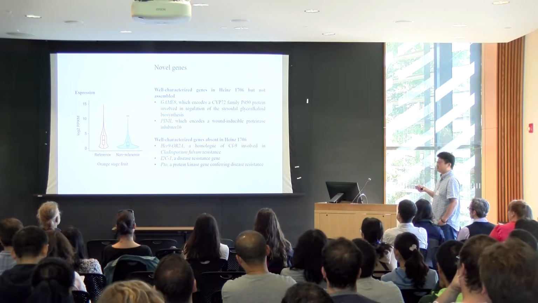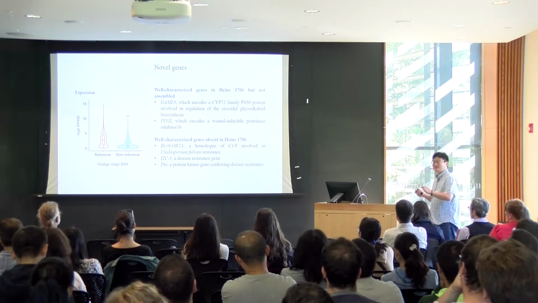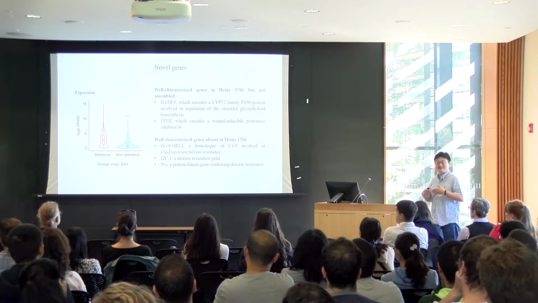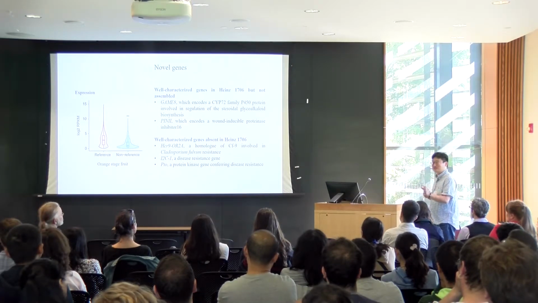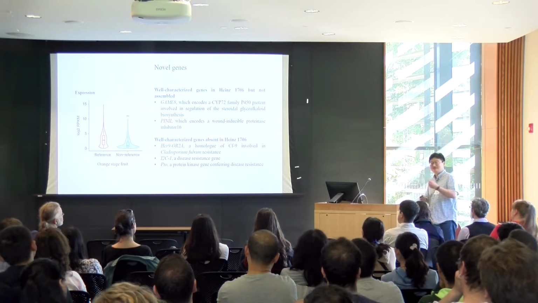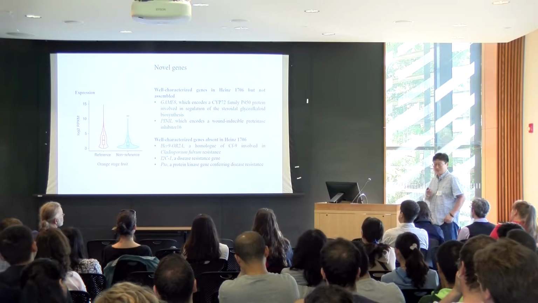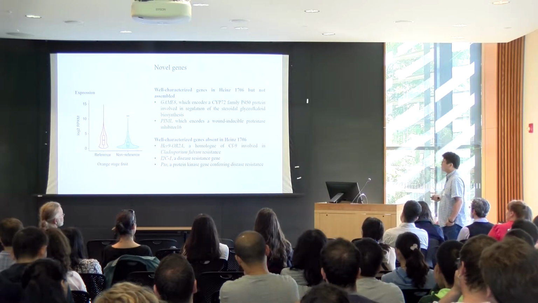These are very well-characterized genes, but they are not assembled in the genome. That's understandable, because you can't assemble the entire genome. Most of the gene space was assembled, normally like 96, 97%, but you still get 1-2% or 2-3% missing in the genome. That's normal, but in the pan-genome analysis, we can capture some of them.